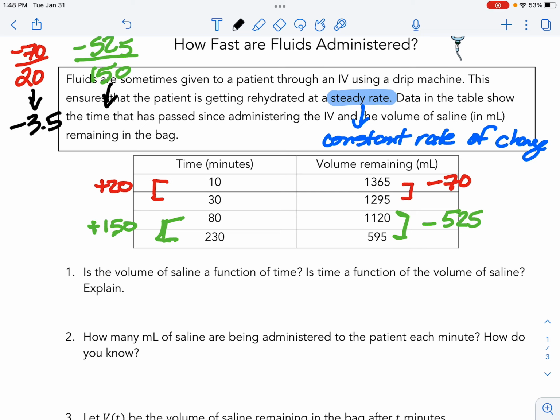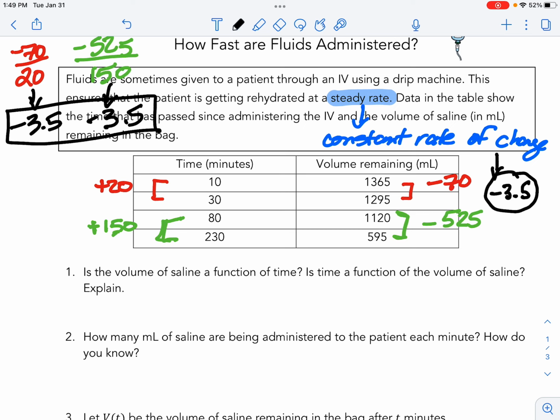Interestingly enough, and you might have already anticipated this, if I did negative 525 divided by 150, I have the same exact decimal value play out. It's negative 3.5 each time. So what we're saying here is that our rate of change, our slope in this scenario, is actually negative 3.5, and that would be constant throughout all of this table.